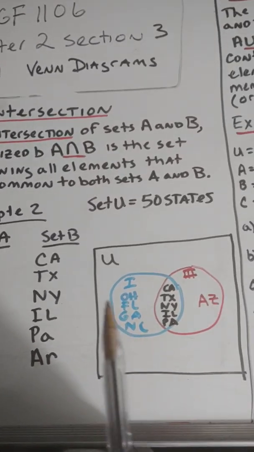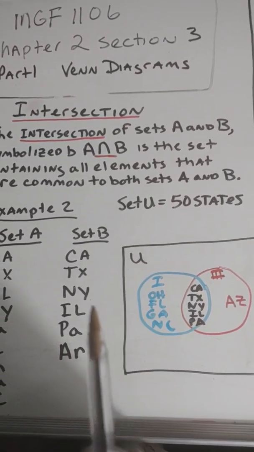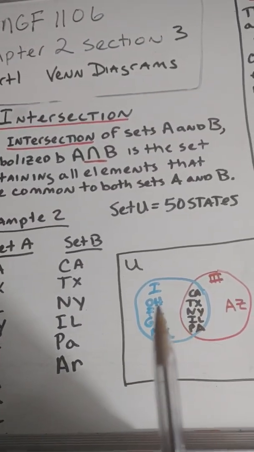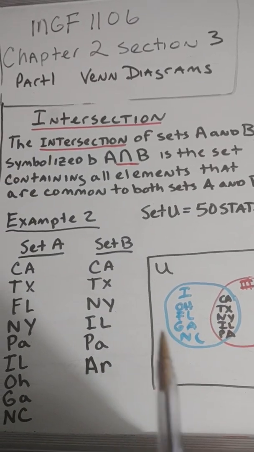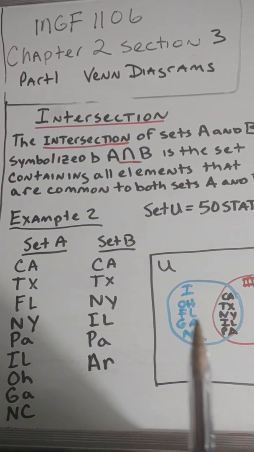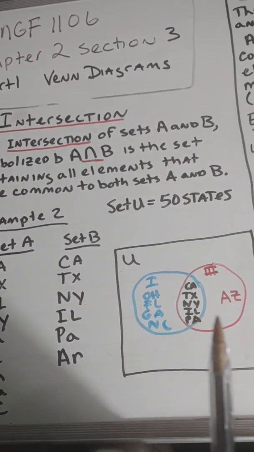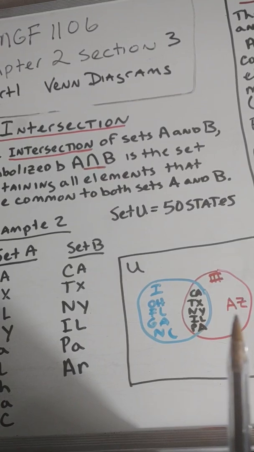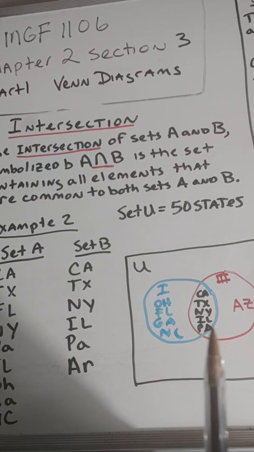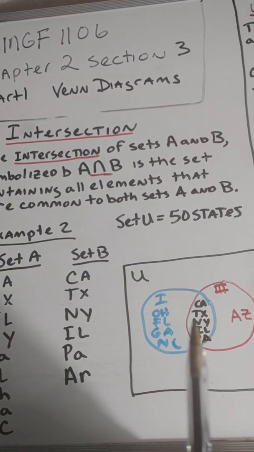If we draw our Venn diagram, again, here's our square with our universal set, which would contain all of these. In set A, which is the blue, you've got Ohio, Florida, Georgia, and North Carolina, which is only in set A. For set B, you got Arizona, which is only in set B, but California, Texas, New York, Illinois, and Pennsylvania are the intersection of set A and set B because they're in both sets.